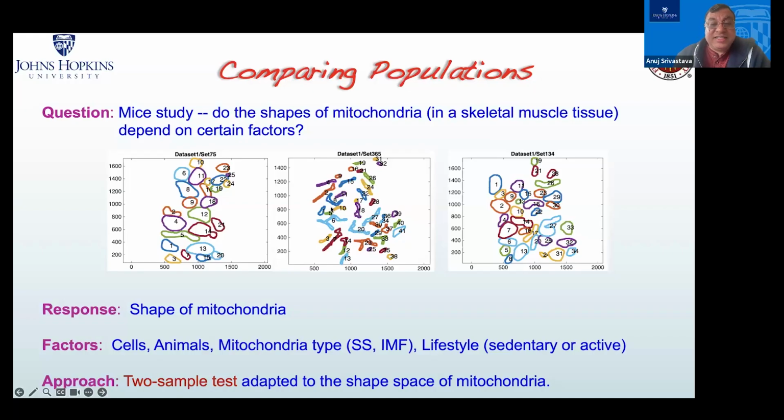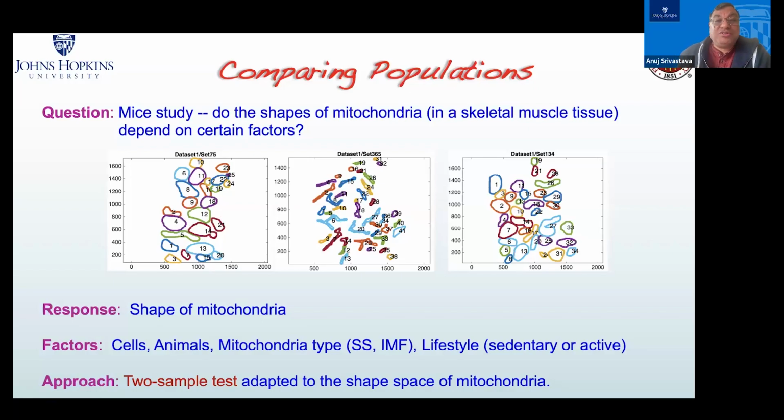So here is SS and IMF, and you can see they are very different in shapes. But this is SS of a mouse which was exercising, and on the right is the SS mitochondria of a mouse that was not exercising. And you can't eyeball it. It was a population question. It was not a question about individual shapes.